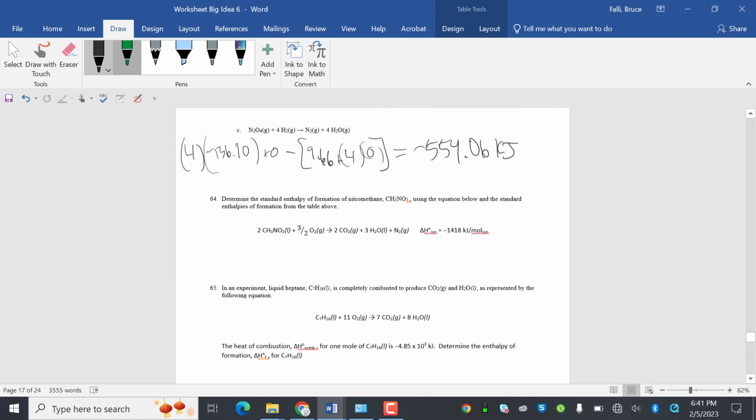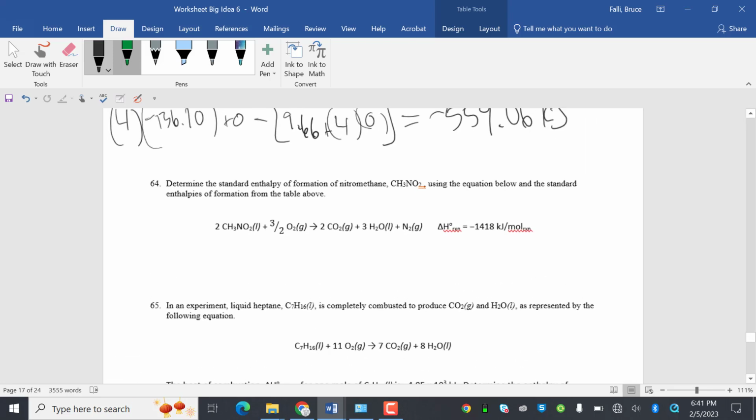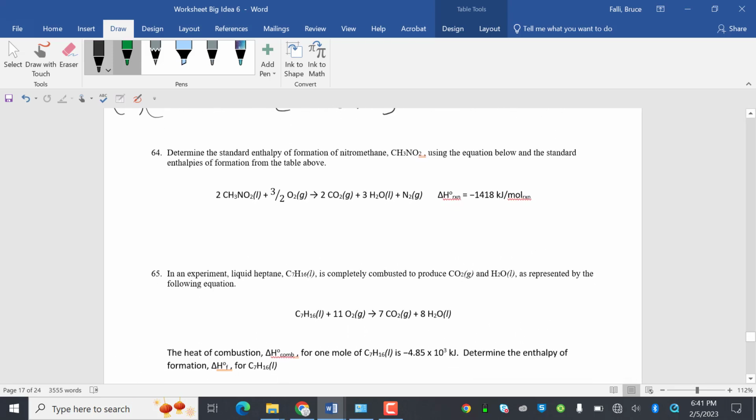Determine the standard enthalpy of formation of nitromethane using the equation below and the standard enthalpies of formation from the table above. So we're going to do the same thing: products minus reactants. I'm going to start with 2 times negative 393. I know a few of these. That's CO2.